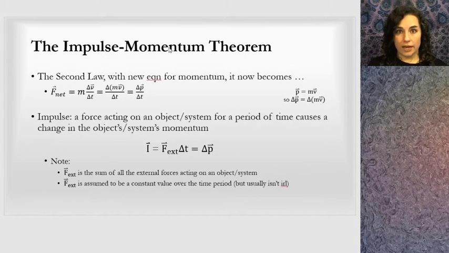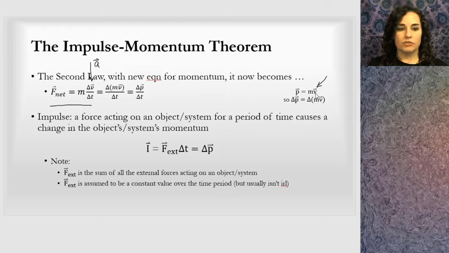The concept that I need to introduce, that's one of the most fundamental ones here, which leads to conservation of momentum, is the impulse momentum theorem. And where does it come from? It starts with Newton's second law. F net equals ma, and when we plug in what we know about acceleration, the change in the velocity over the change in time, we can put that in and see this identity going on.